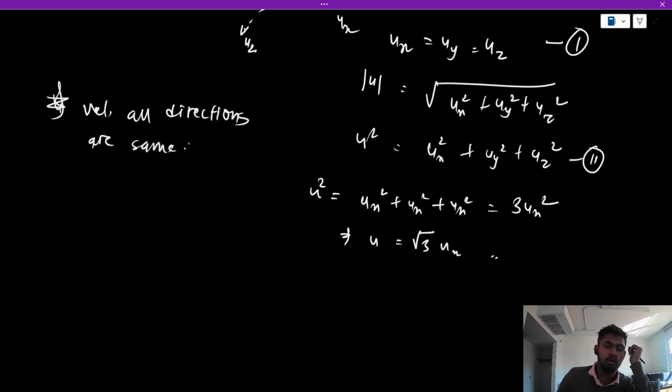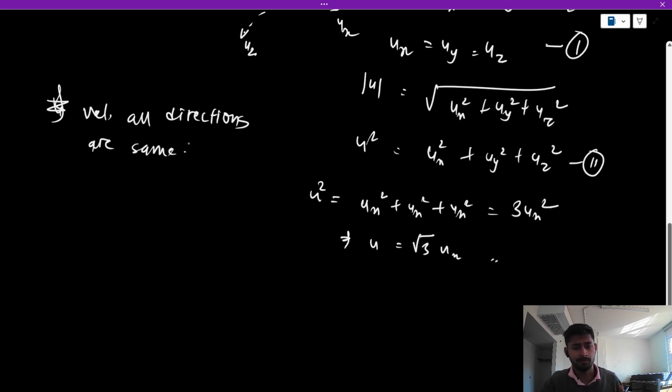And if you know about symmetrical velocities, then it means the body is going to collide with other particles at 45 degrees.